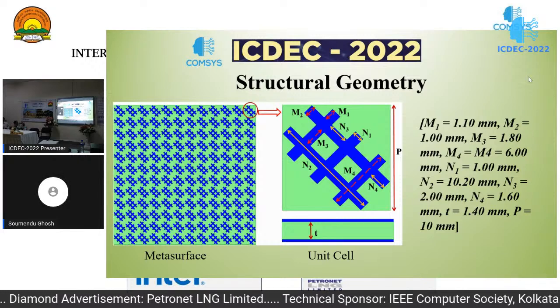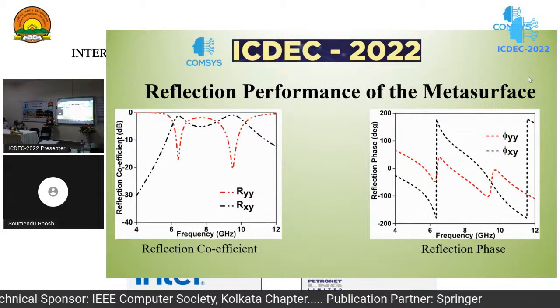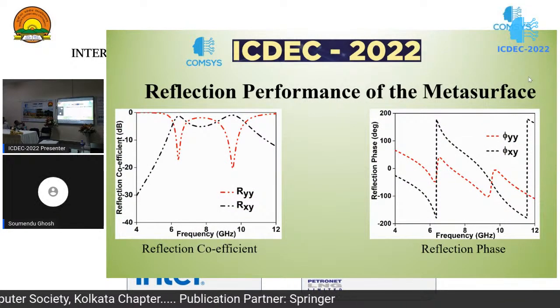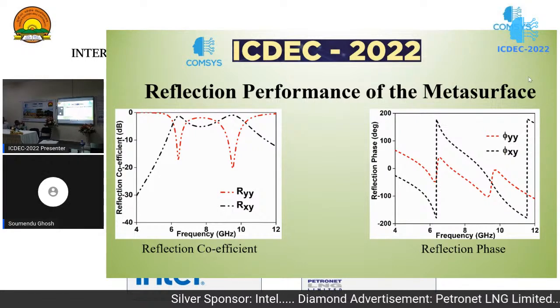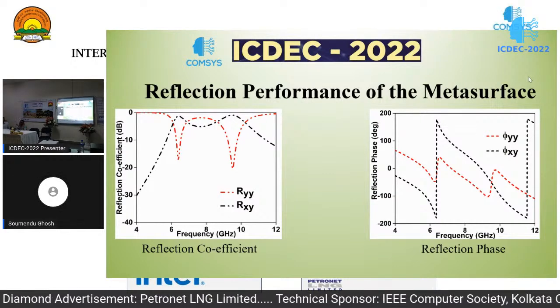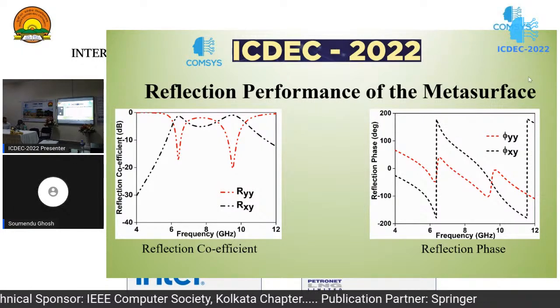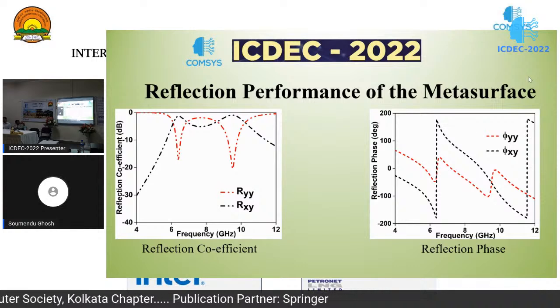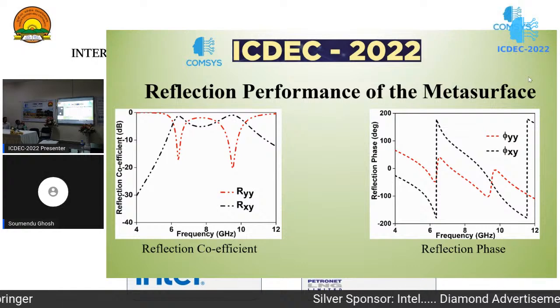We have simulated using x-port excitation, and in the result you can see that in the region of 6.18 to 9 gigahertz frequency, the co-polarized reflection is low, but the cross-polarization reflection is high. Here the co-polarized reflection and cross-polarized reflection indicate that the x-polarized incident wave is converted to y-polarized reflection after the metasurface.